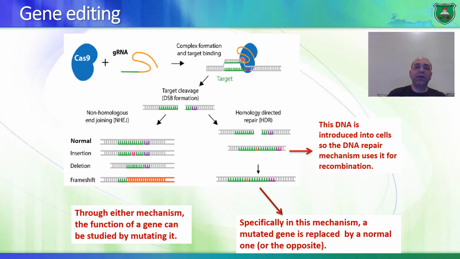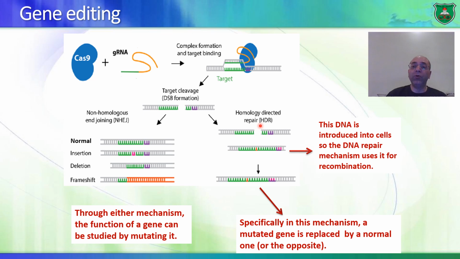And the Cas9 creates cuts. Now you have activation of the homology-directed repair. So this system, remember, needs a DNA to replace the damaged DNA, and we introduce this DNA to cells.